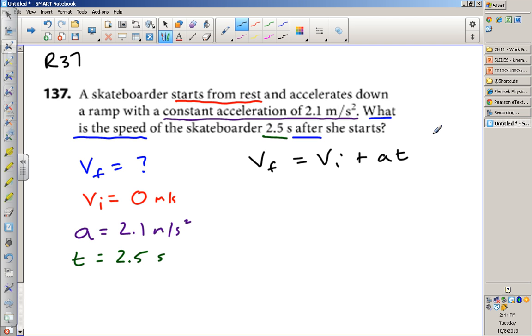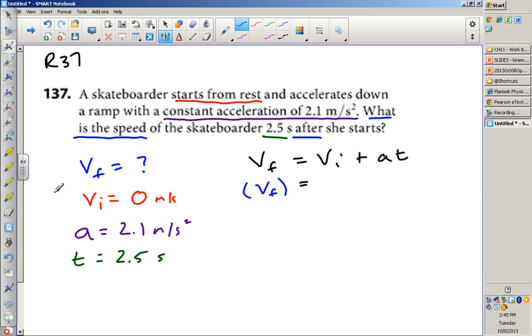That's the equation that contains the 1 variable that we're looking for and the 3 that we already know. It's important that the one we're looking for is in there because that's what we have to solve for. So now it's a matter of plugging things into the right spot. We don't know VF. That's still going to be our unknown.